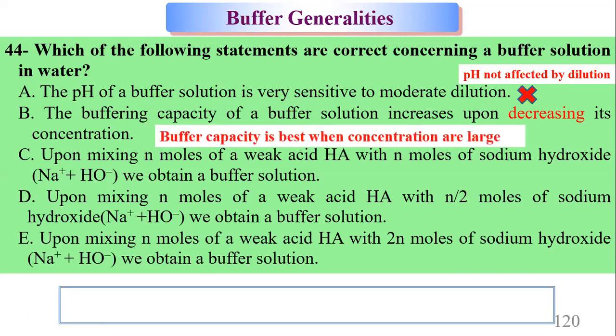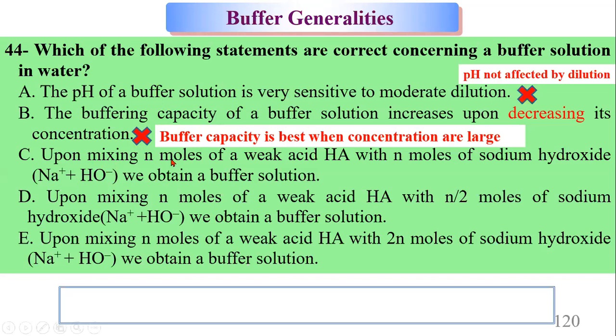It's best when the concentrations are large, okay? When the concentration of each of the acid and the conjugate base are large. We call it largish. Usually it should be greater than 0.1 mole per liter.